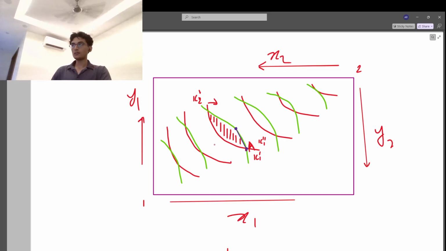Why? Because as I have already mentioned, IC1 is this and IC2 is this. So any point here will make individual 2 better off because he is moving to a higher IC, attaining higher levels of utility.